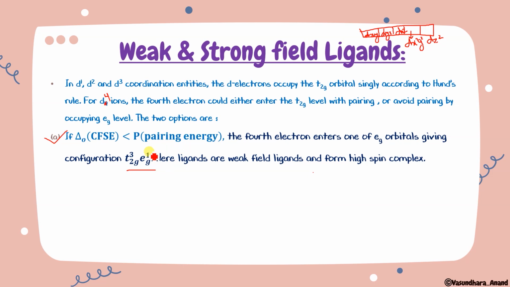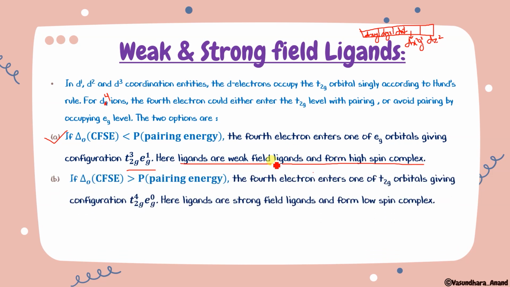So in that case, the configuration will be t2g3 eg1, and this will be considered as weak field ligand and forms high spin complex, because pairing is not occurring over here. So for the hybridization, it has to take the higher d orbital, and that's why they form outer orbital complex, or they form high spin complex because of more number of unpaired electrons.